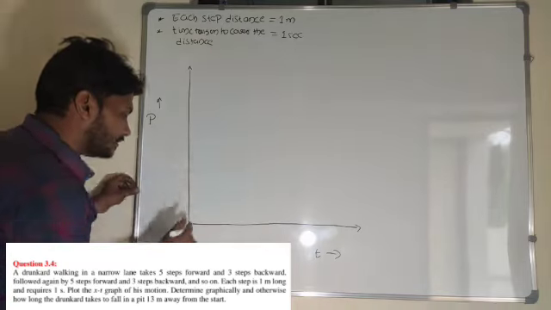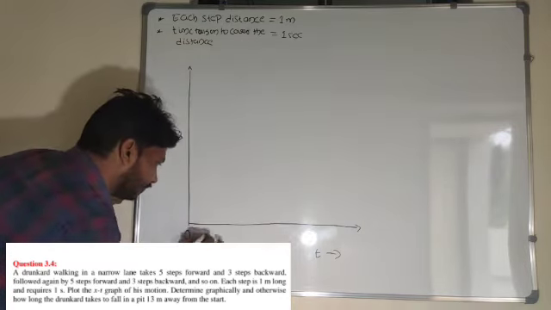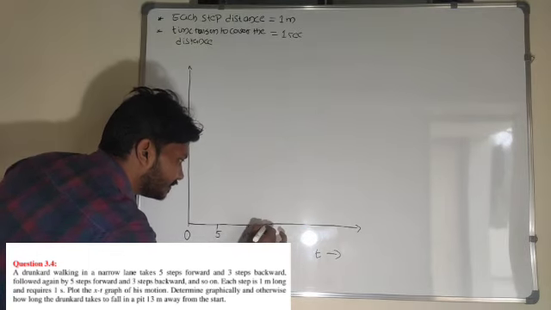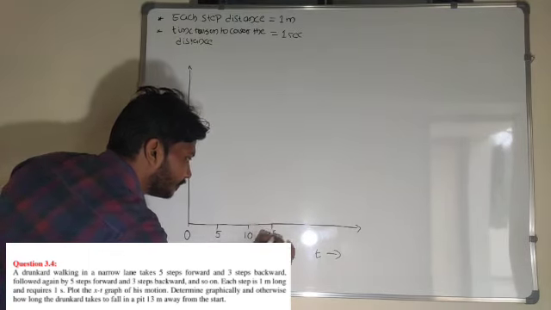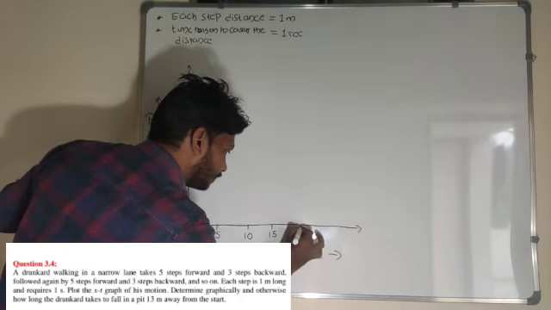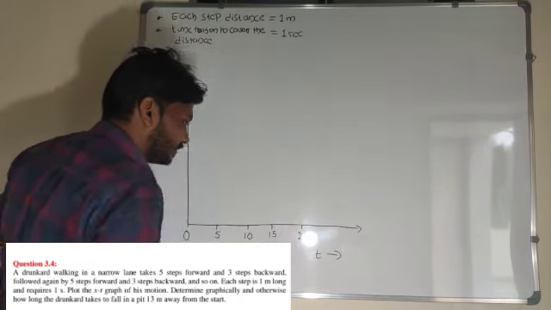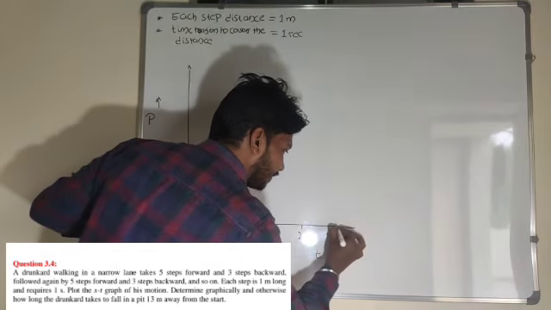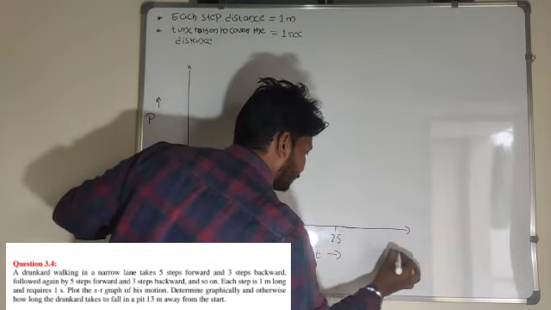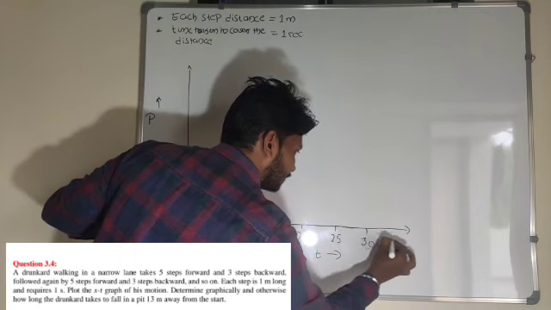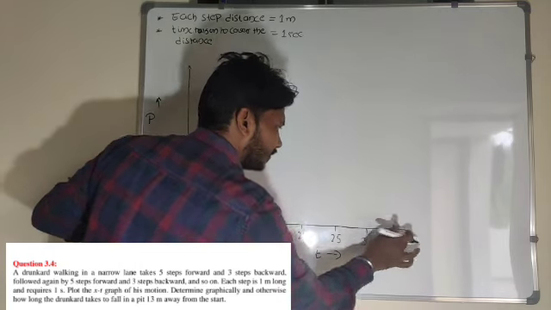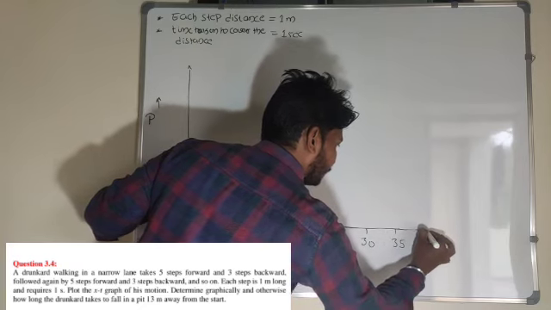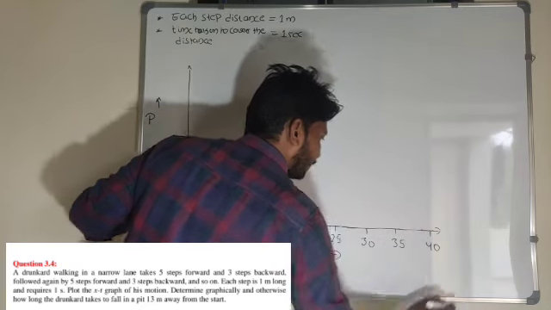Along the x-axis I will take the time: 5 seconds, 10 seconds, 15 seconds, 20 seconds, 25 seconds. Let it be extended here. 30 seconds. I need to extend some more: 35 and 40 seconds.